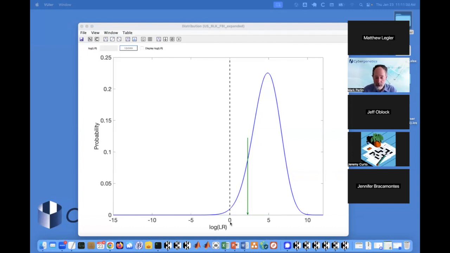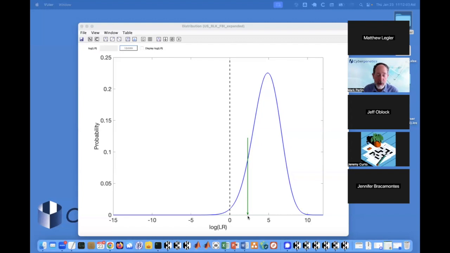And what this is telling us is that if you view log LR of 0 or an LR of 1 as a way of classifying, then a match statistic to the right, the green arrow that we're looking at that's sitting at 200, has been classified as a contributor. It's falling in the distribution of the match statistics that we expect of the true person who contributed their DNA.